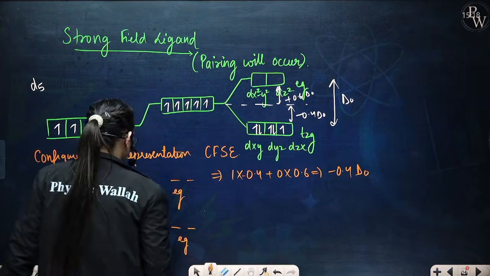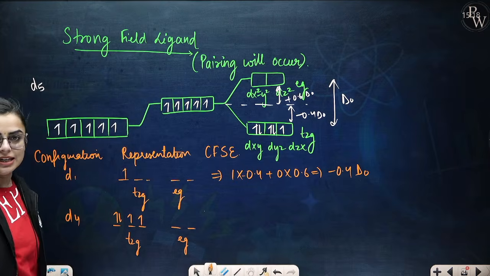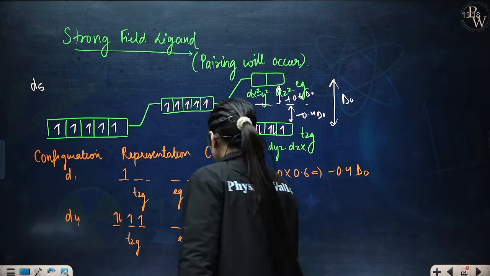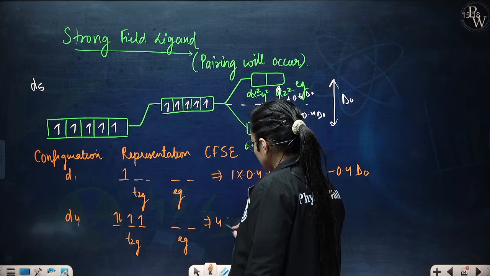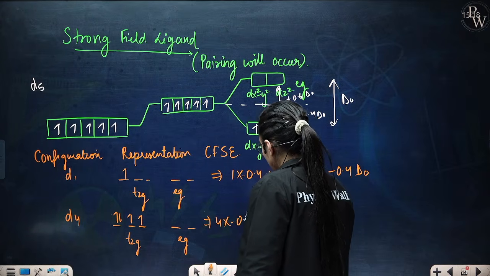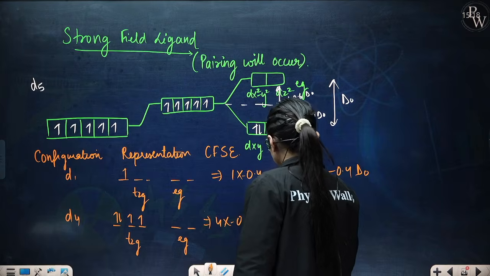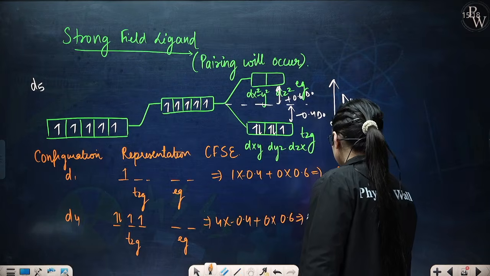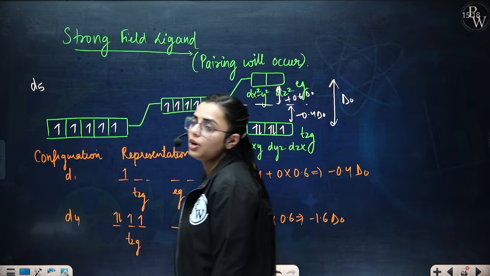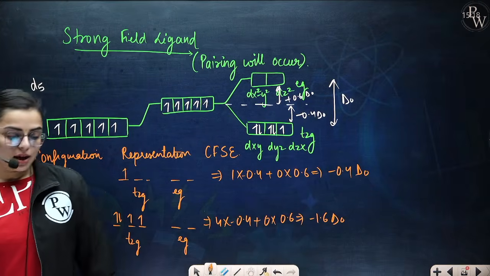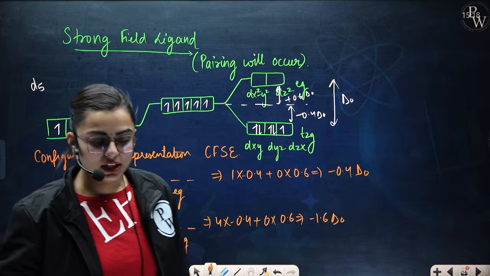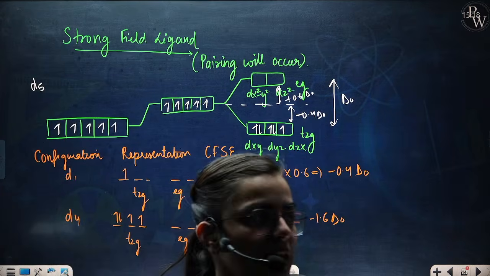It will go in the T2G orbital only. So how many electrons do you get? 4 electrons into minus 0.4 plus 0 into positive 0.6. So you will get minus 1.6 delta naught. Are you getting my point? I want you all to write it down once so that we can move on to our next part.